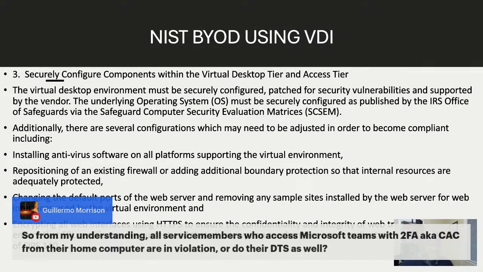Now, if you're just doing your DTS and some basic work, you're not touching any classified data, Guillermo, I don't think you're in violation. If you're touching FISMA data, which is classified as high or medium, I think you're in violation. So it makes me think most of those people working from home are not touching classified data. And two, Guillermo, that's my interpretation. A lot of times people give waivers.